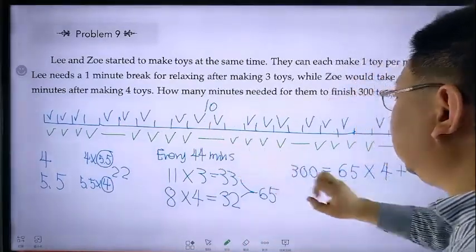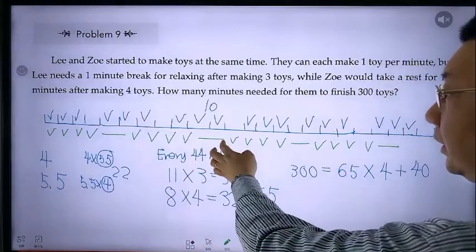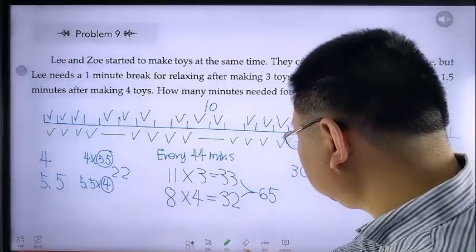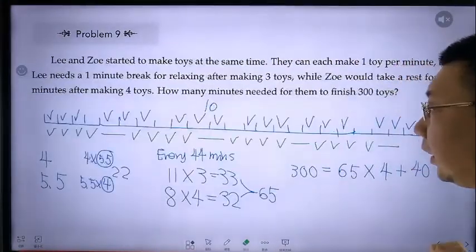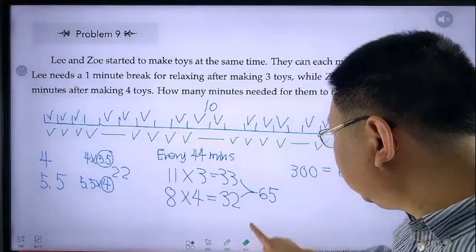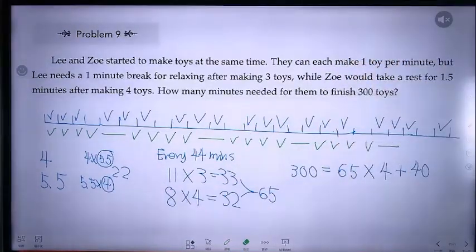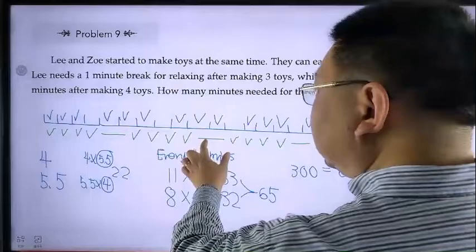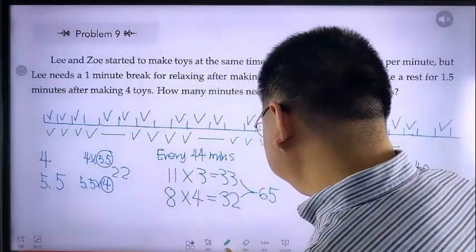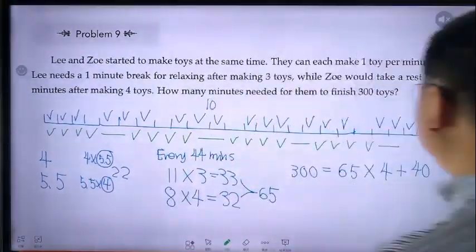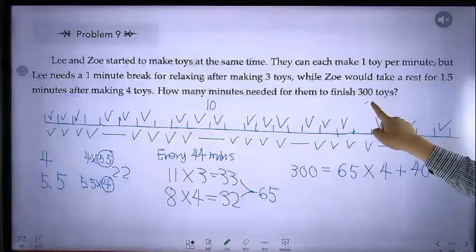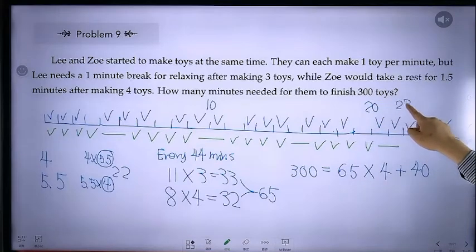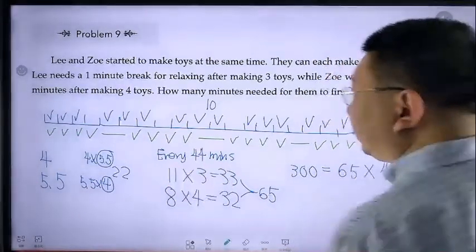So this would be 10. I need to make the label correct. So this would be 10, and this would be 20, and this would be 22. Okay. So this would be my half period of that 44 minutes.